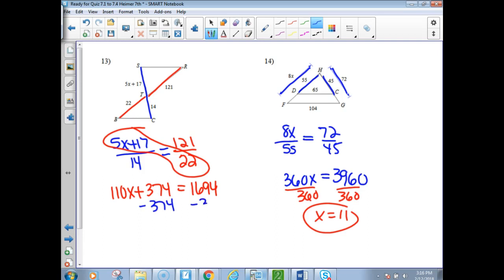I hope we're all agreeing with these numbers. I'm going to get 1320. And then that's going to divide nicely, it's 12, isn't it? Now, I had set up number 14 already. If you were wondering why we didn't use 65 and 104, you could have, but I just thought people would see it like that.